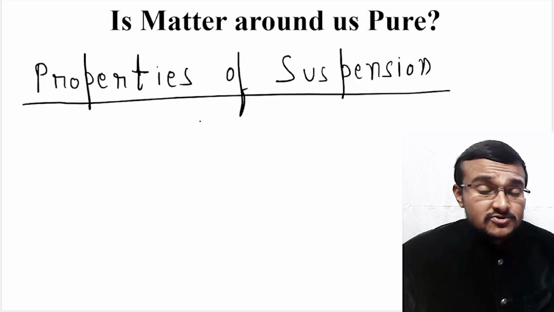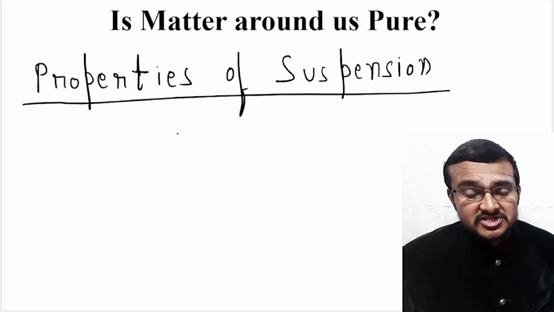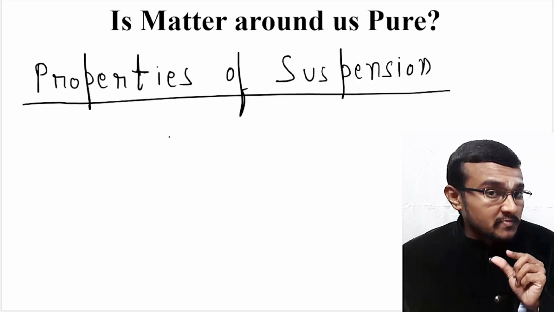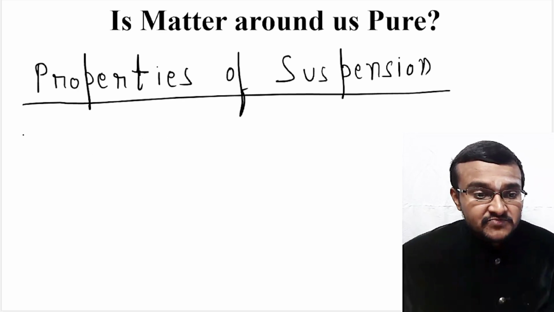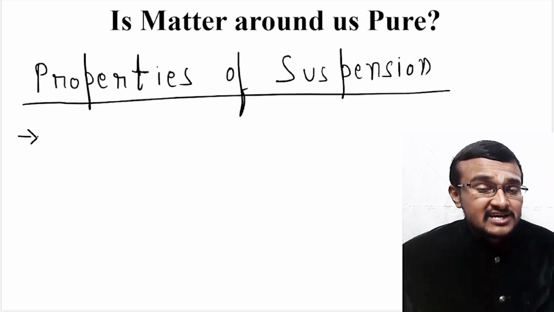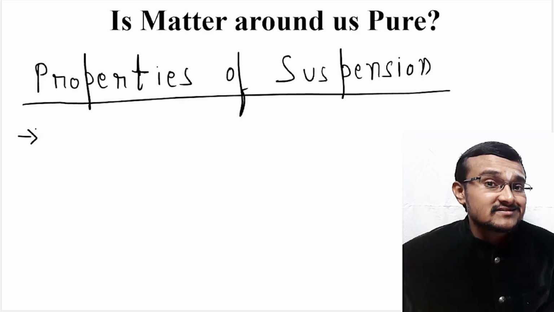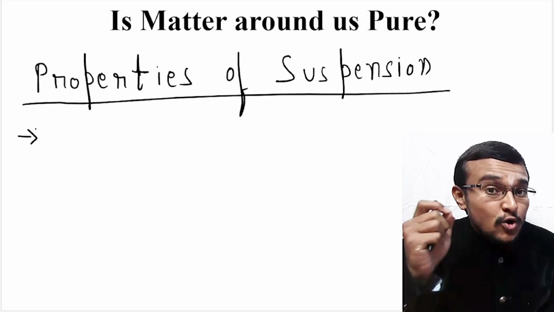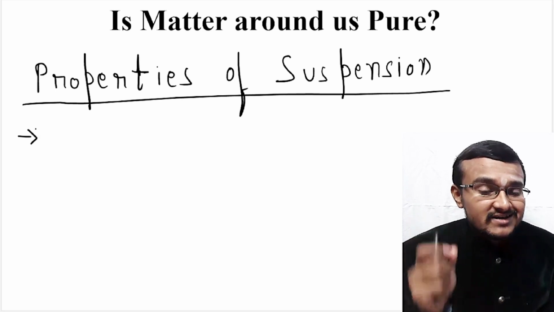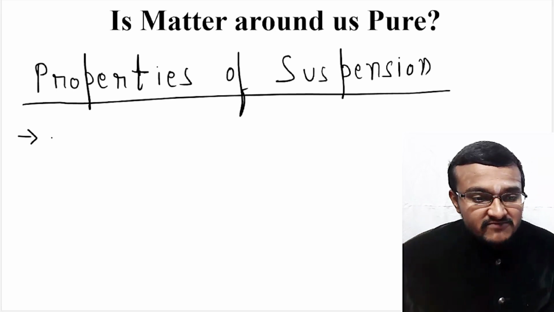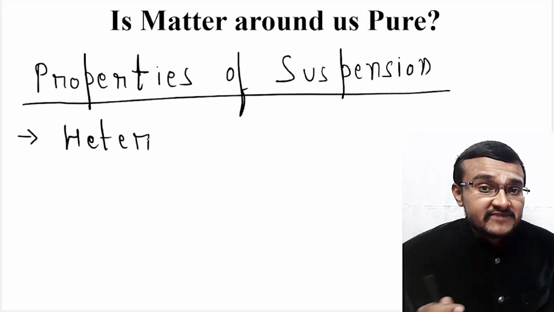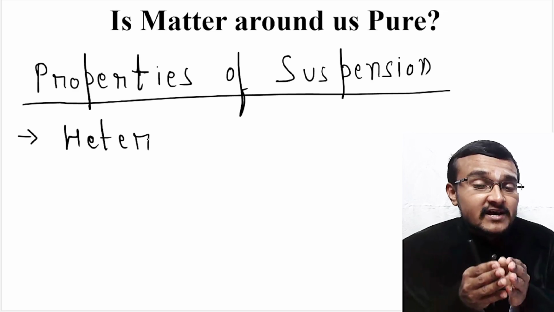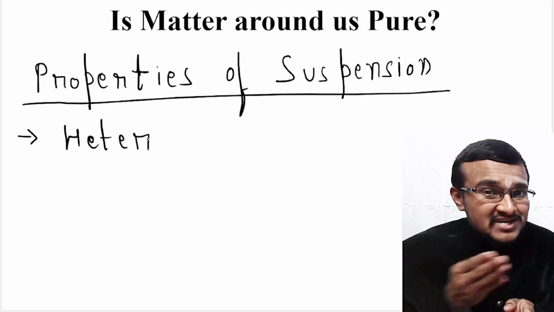Coming to the properties of suspension, similar to the properties of solution, you have opposite properties for suspension. In properties of solution, you saw that the solution is a homogeneous mixture. But here, suspension will be a heterogeneous mixture, because you might have a question where you have to give differences between solution and suspension.